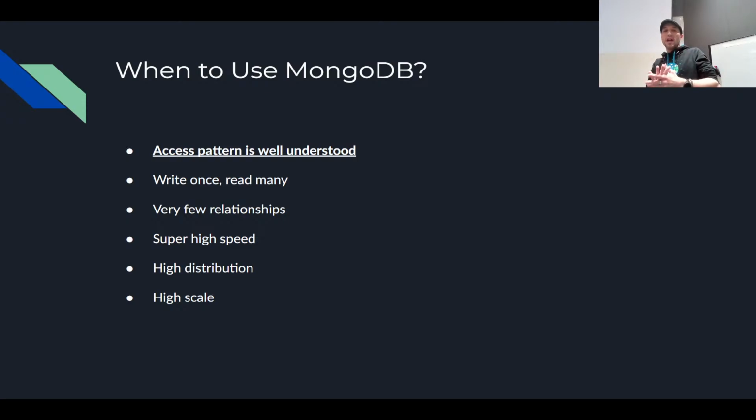And then in terms of the other stuff you should check, MongoDB is best when you write data once and you read it many times, okay? You can absolutely update data in MongoDB, but when you do multiple updates to the same document, it ends up being a lot of work. Now, that is okay.